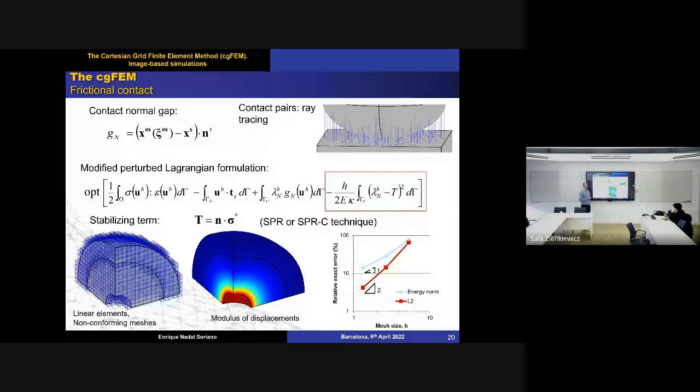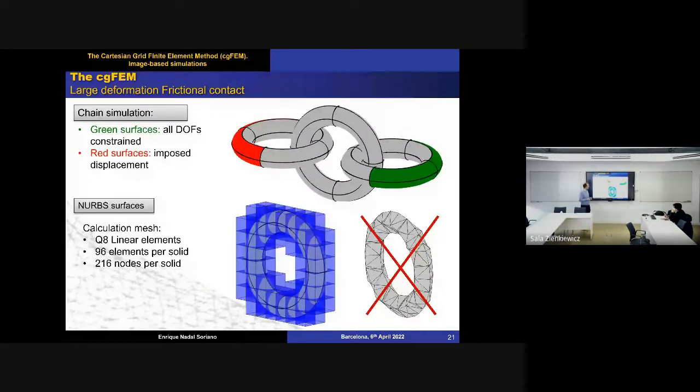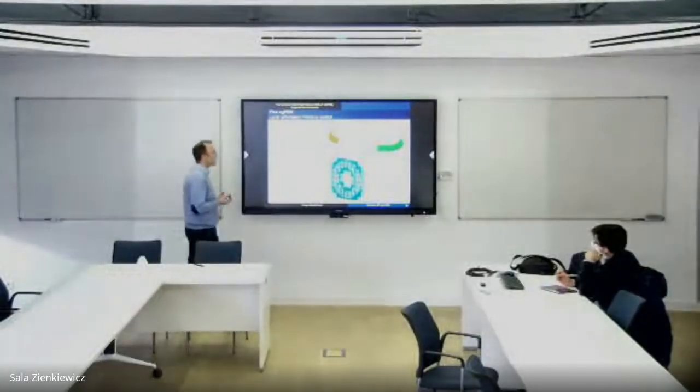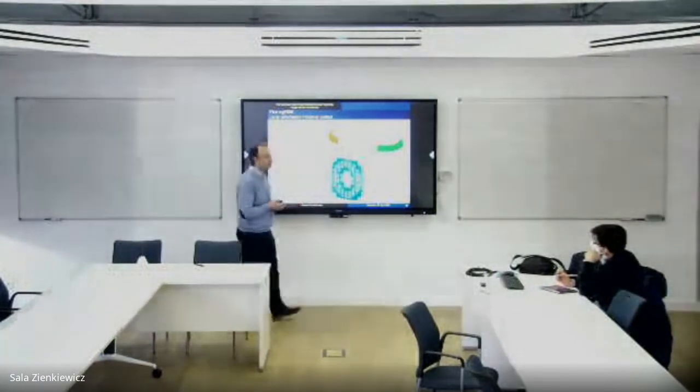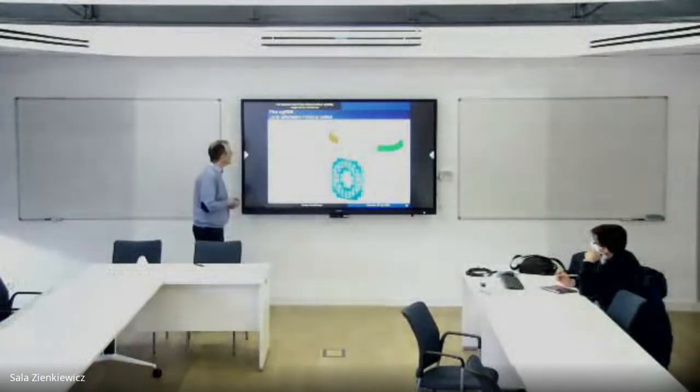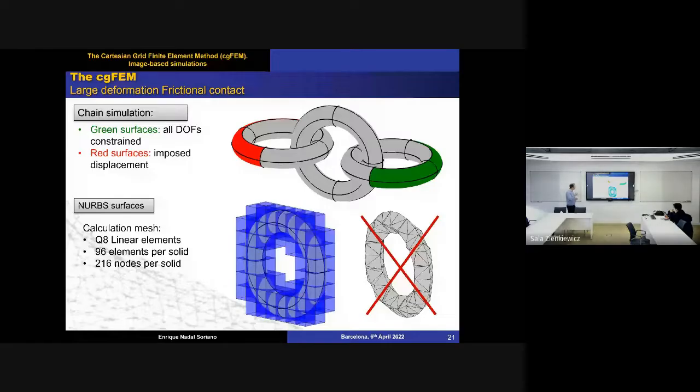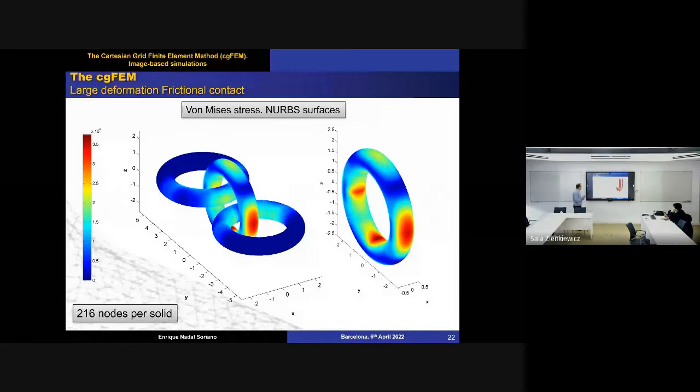Well, since we are dealing with the exact geometry, that means that with a very small number of elements, we can capture the gap, and we don't have the standard tessellation of the geometry that could arise in the standard finite element framework. So we obtain very smooth results even with a very coarse mesh.